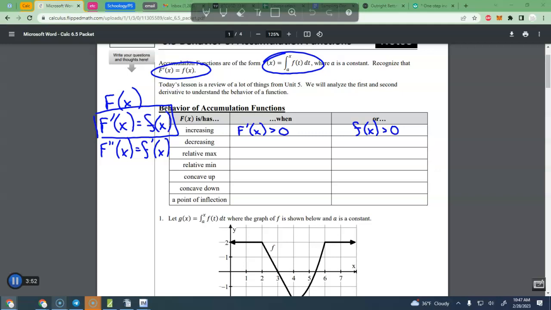And once I know that, if I integrate f of t, I get f of x. So doesn't it make sense that this is on top, and this would be the derivative? Does that make sense? Maybe, sort of.